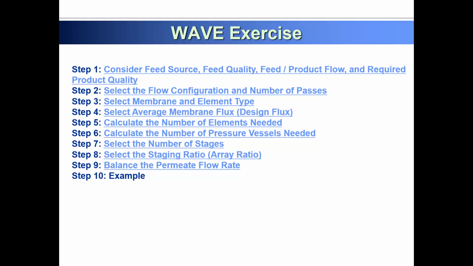So we can allocate your pressure vessel stages, whichever arrangement would be the best. So we can think about staging ratio and then balance the permeate flow. The permeate flow, feed flow, retentate flow are very important to design your RO system without any problem in the operation.